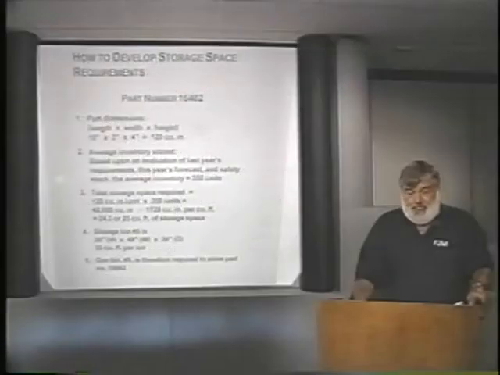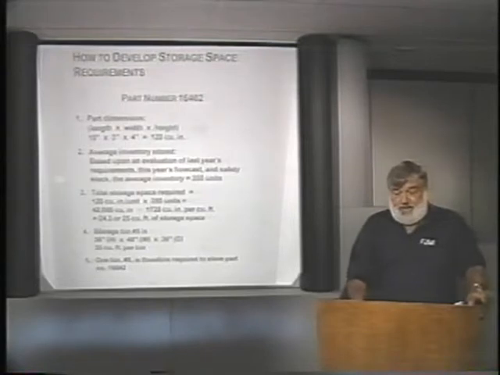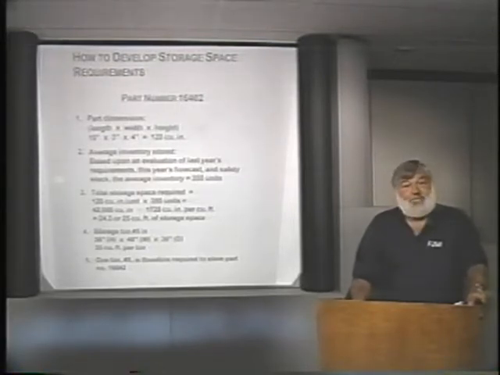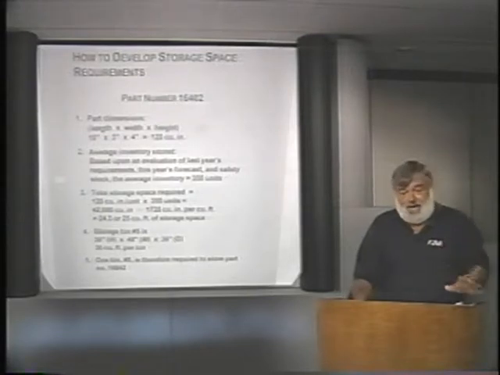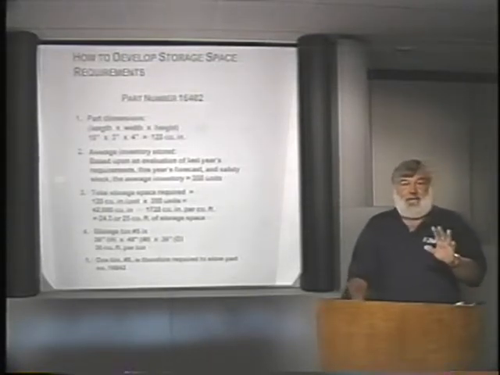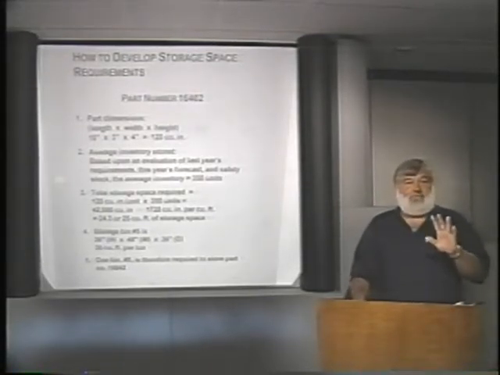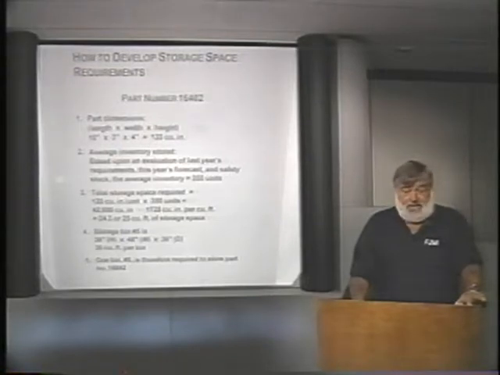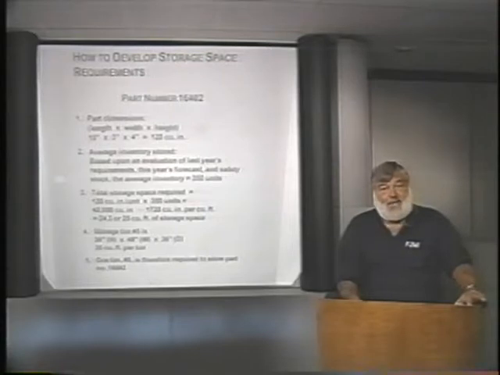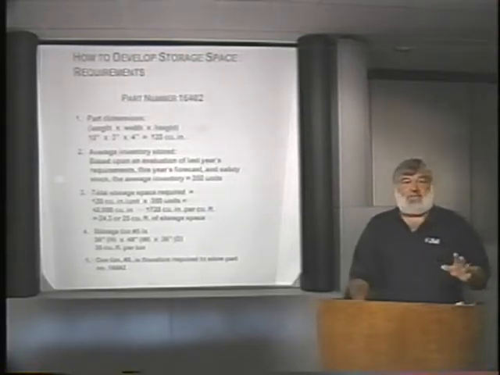Now the average inventory stored based upon an evaluation of last year's requirements, that is the transactions, and this year's forecast, looking at the item in terms of its continued activity within the maintenance, planning, and scheduling system, and also including safety stock, we're going to have an average inventory on hand of 350 units.